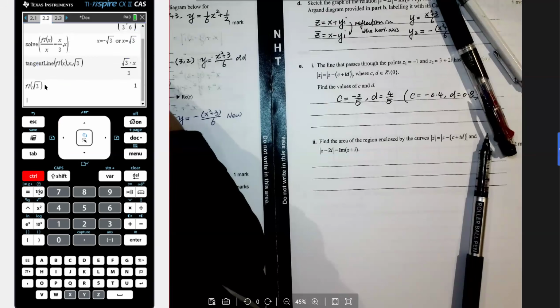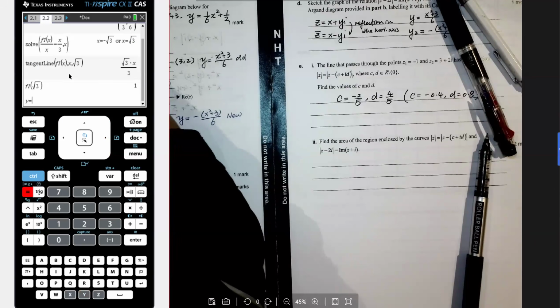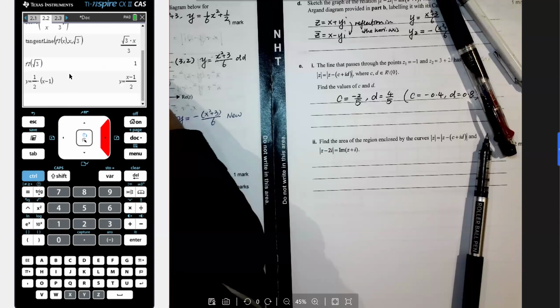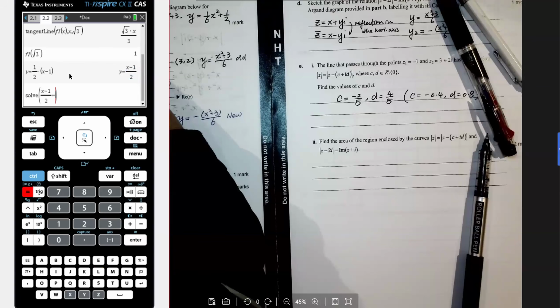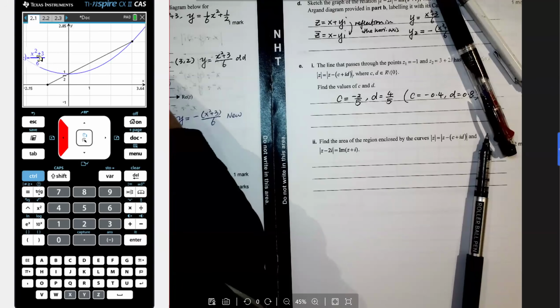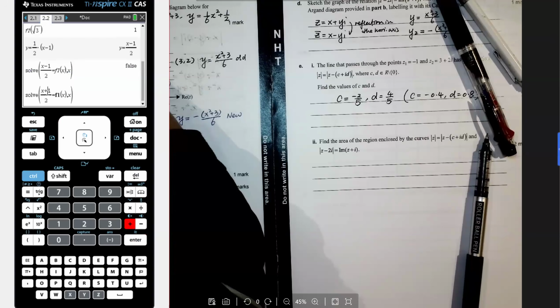And yep, seems that it cuts through a half here. y equals 1/2 times x plus... oh, sorry, x plus 1, bear with me.